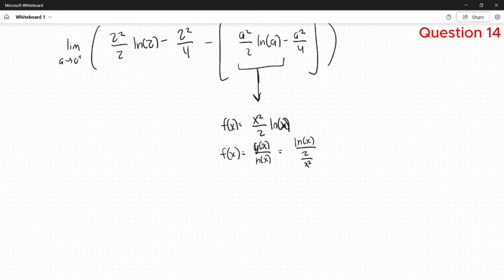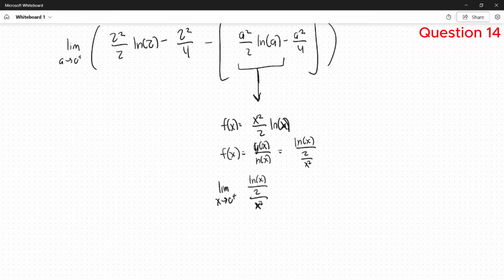And then if we take the limit as both of these approach 0, x, sorry, I don't even know why I blanked for a second. So this would be ln of x over 2 over x squared. Both of them approach an indeterminate form of infinity or negative infinity in this case.